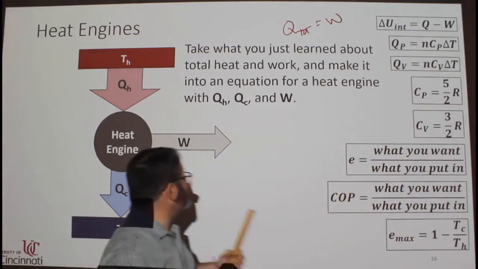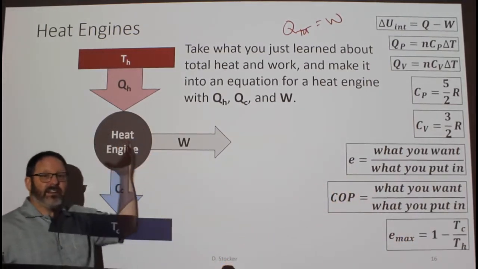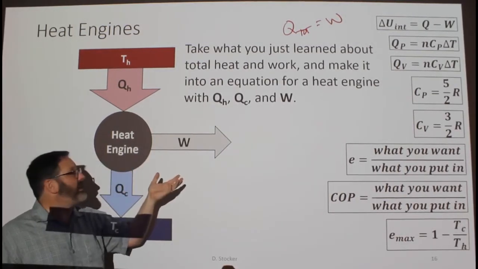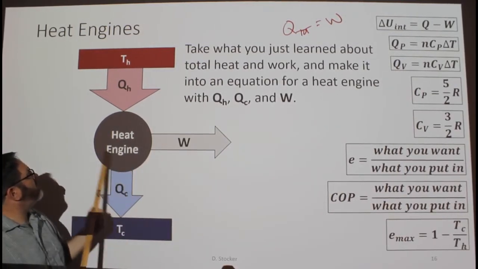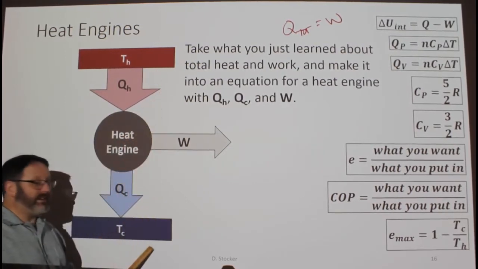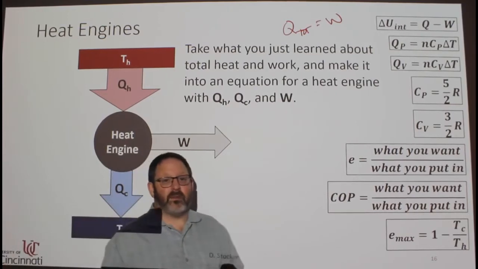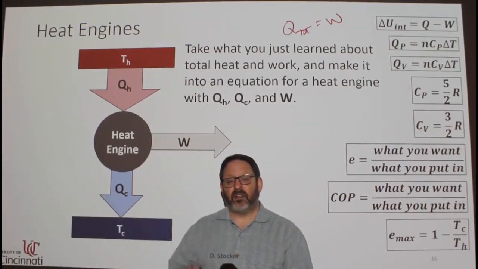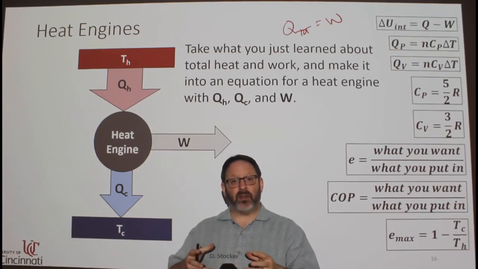Now, heat engine. The heat engine here is represented just by a gray circle. It's something that uses heat to do work. So to make a heat engine work, you have a hot side and a cold side. So if we think about a steam engine, a locomotive, the way it works is it's got a boiler.